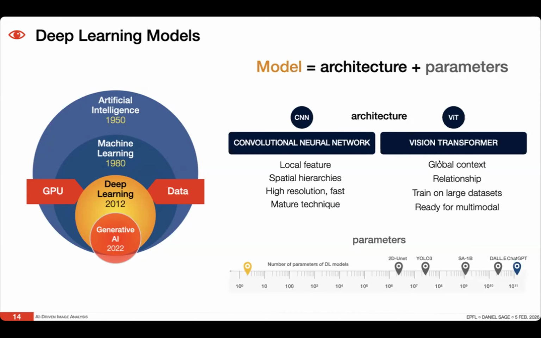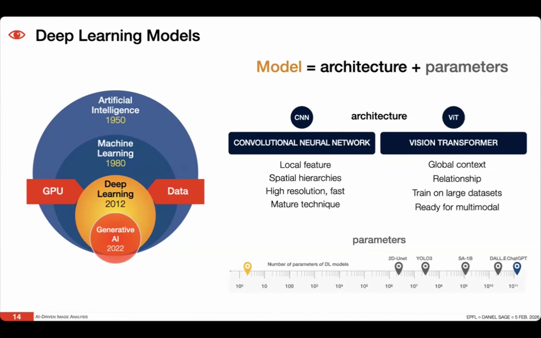The other architecture is called Vision Transformer. It's a transformer technique like the T in ChatGPT. Here it addresses the image with a global view, taking into account all the context, all the relationships between the objects or the patches.